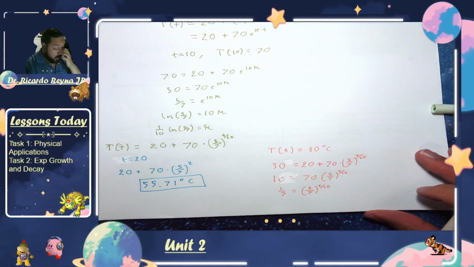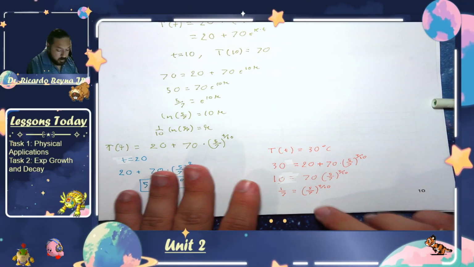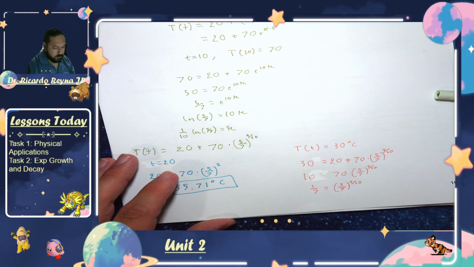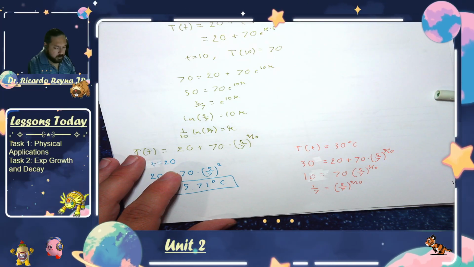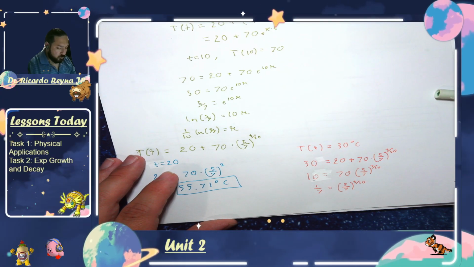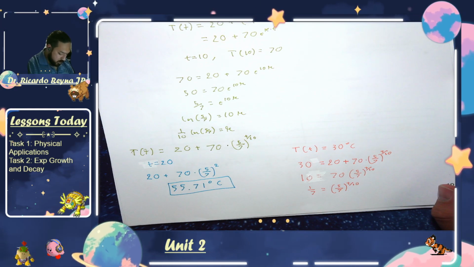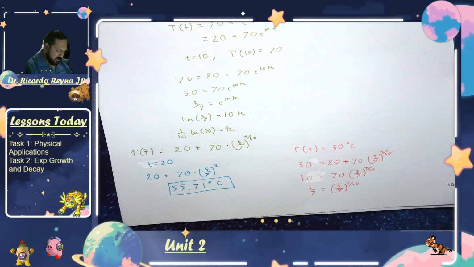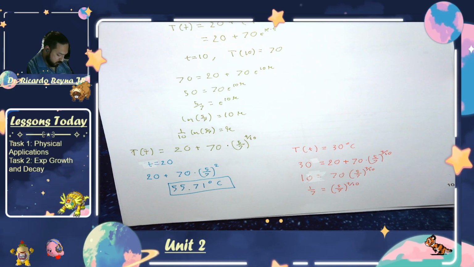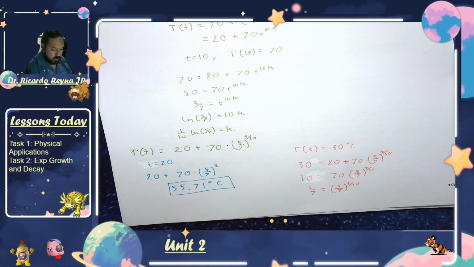And from here, you're going to take the log, but of base 5 over 7. Wait, I don't think you can. No, you can't take logs with a fraction. Or actually, you could. It's a little weird, but you could.